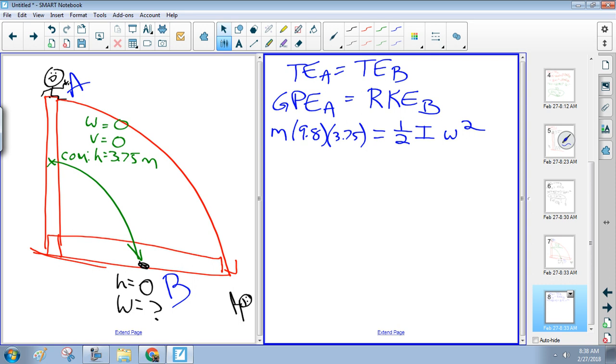Everybody good? All right, so we got to figure out something about I. So take a look at your rotational inertia sheet and see if you can figure out which one of the shapes a tipping over telephone pole would be. Yeah, I think it's that second one.